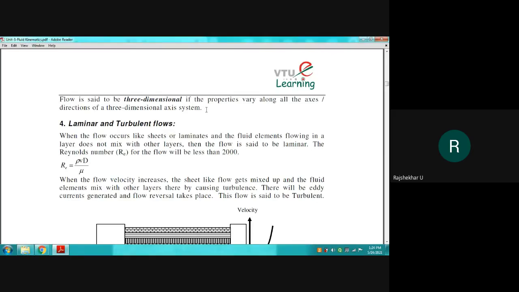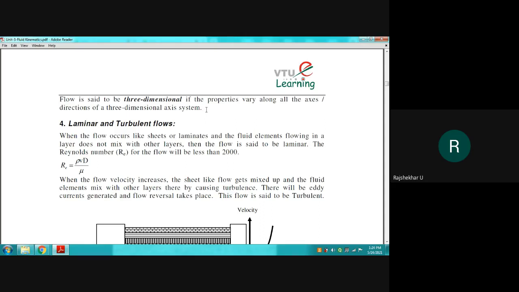In one-dimensional flow, you need not concentrate on y and z. Just study the x-axis. That is sufficient. You study the properties along the x-axis with respect to the fluid, and you need not study y and z, because they are remaining the same. That approach is known as the one-dimensional study approach.